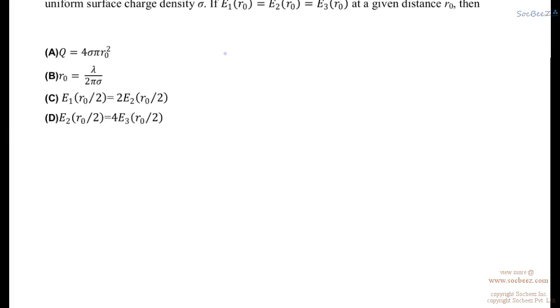Well, according to the given conditions, E1(r) equals Q upon 4 pi epsilon naught r square.